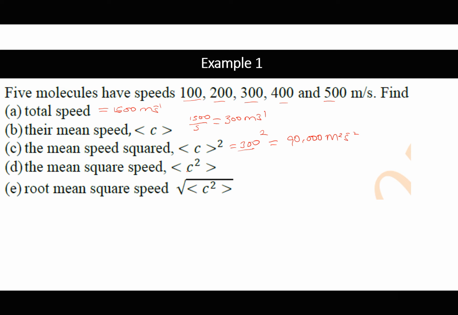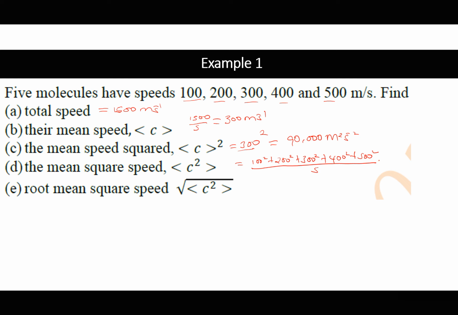So the mean square speed is equal to 100 squared plus 200 squared plus 300 squared plus 400 squared plus 500 squared, divided by 5. This is what we call the mean square speed. It is different from the mean speed squared. Mean speed squared means you first get the mean speed and then square. Mean square speed, you first get the square and then you get the mean.